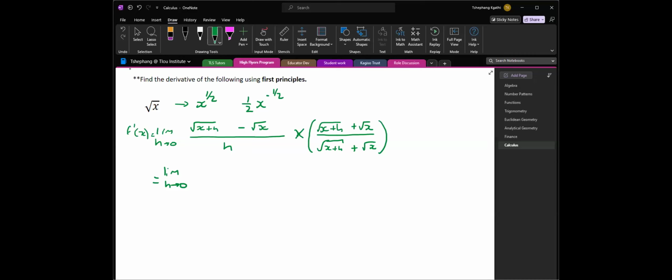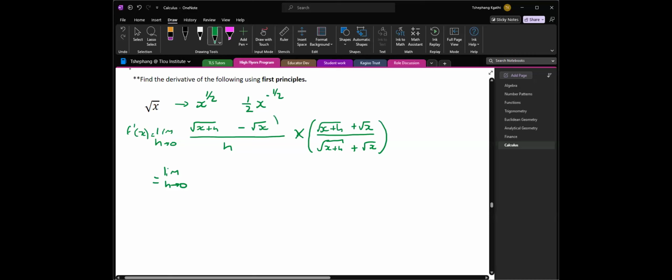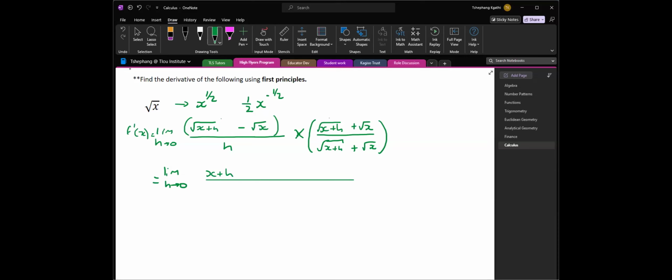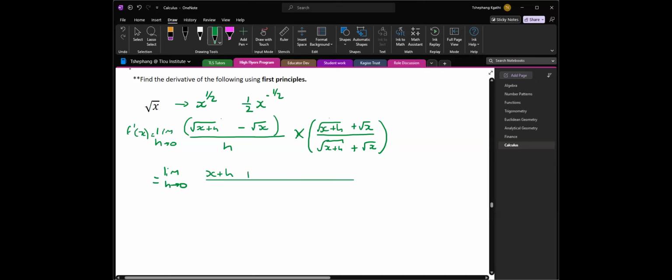Now, if we multiply the top, first I'm just going to put this in brackets so that I can multiply properly. First, this multiplied by itself: you can clearly see that the square root is going to fall away. We're going to have x plus h. That's first. And then outer, we're going to have root of x multiplied by root of x plus h.